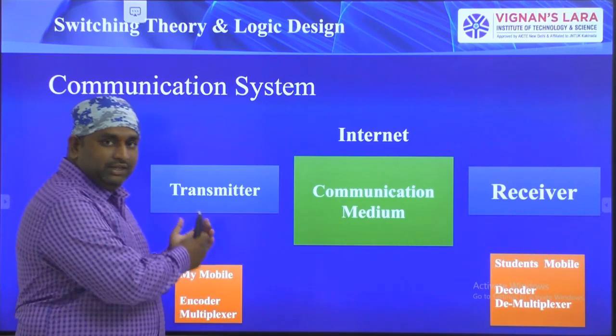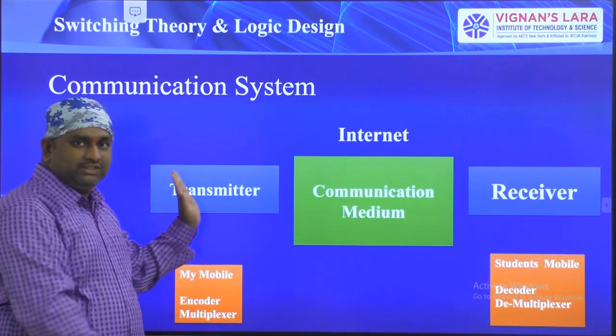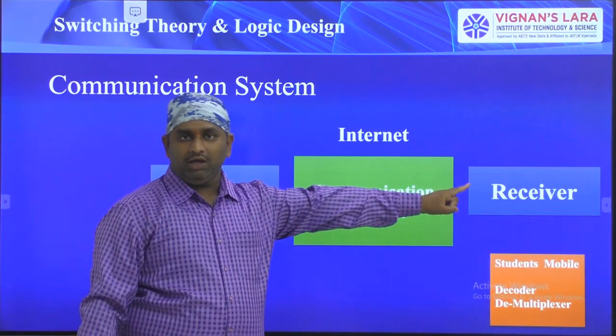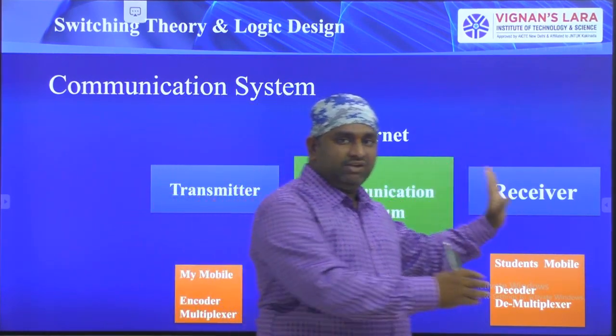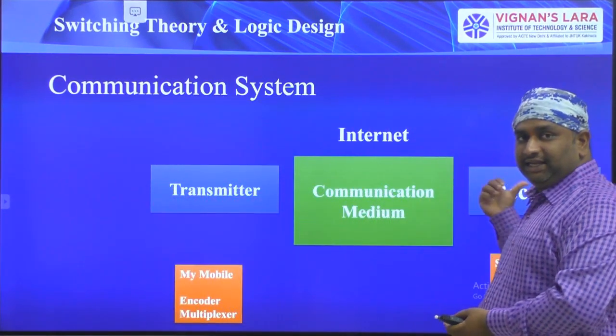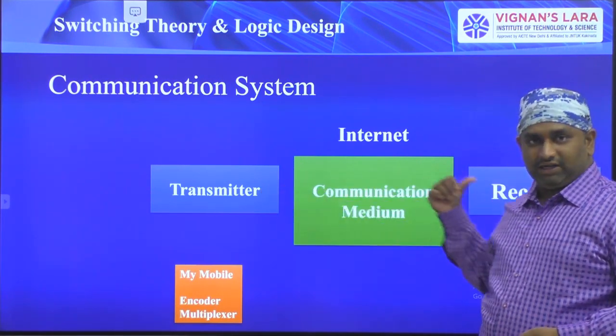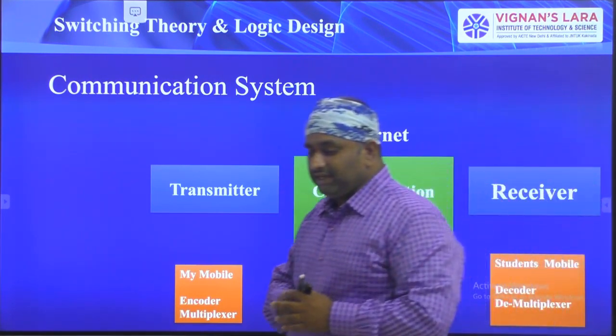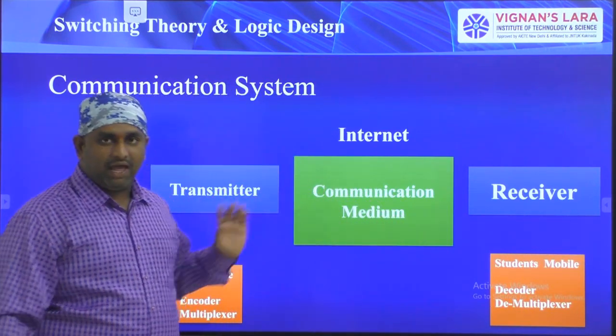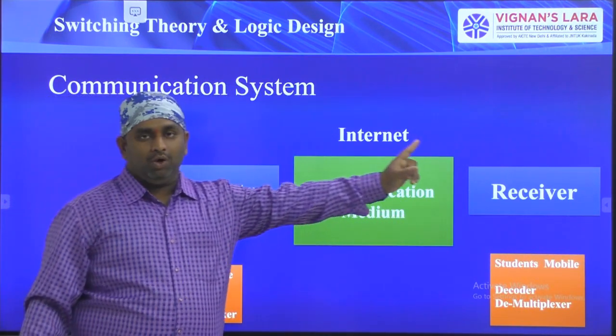When the transmitter is giving the information, it is acting as an encoder, and the other side is the decoder. When the receiver gives the information, it acts as an encoder, and this side acts as the decoder. See here, in this diagram I have given only one transmitter and one receiver.